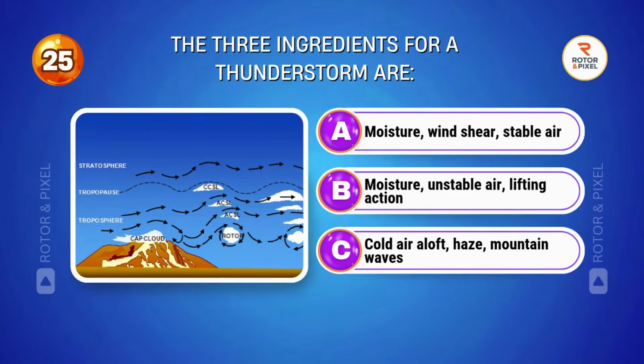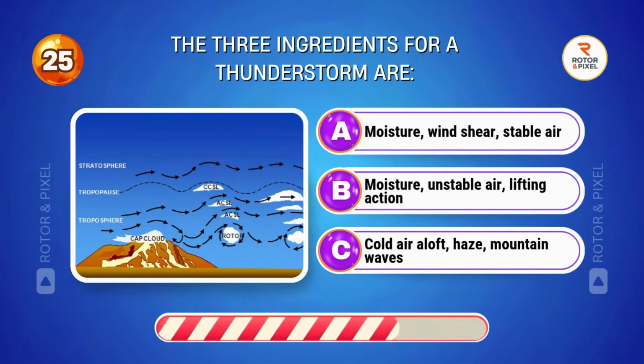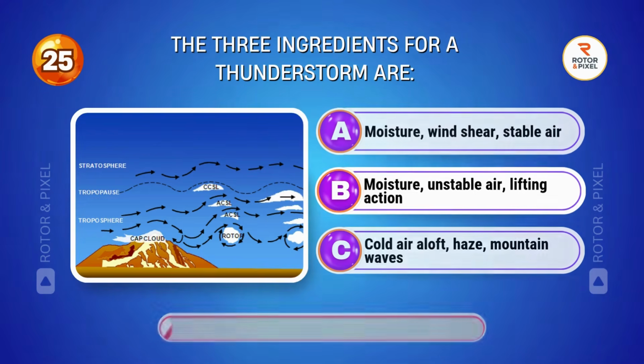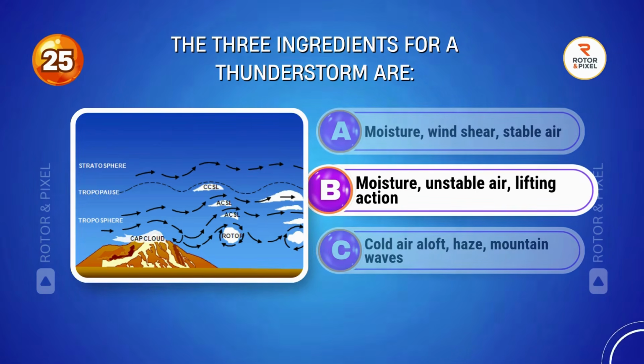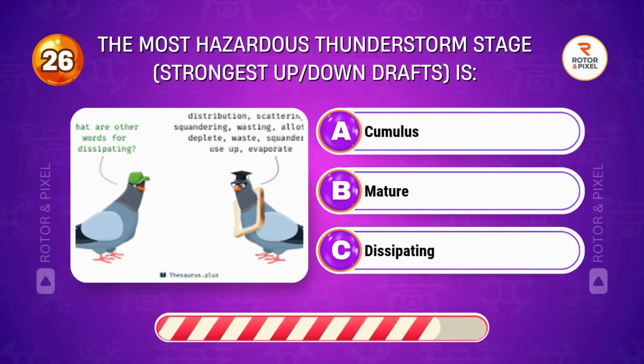The three ingredients for a thunderstorm are? Answer B, moisture, unstable air, lifting action. The most hazardous thunderstorm stage, with the strongest up-down drafts, is?